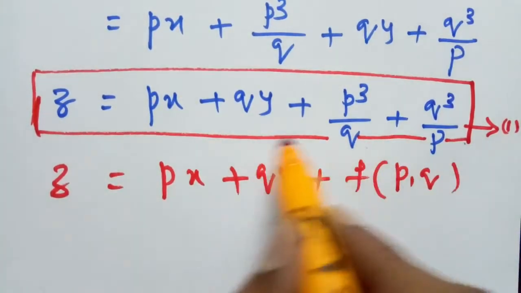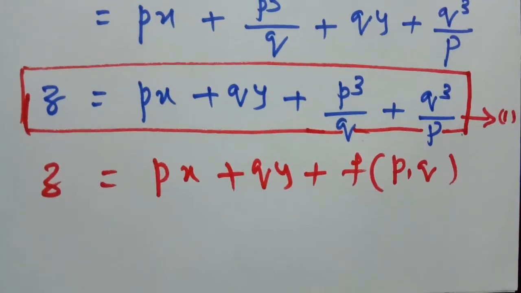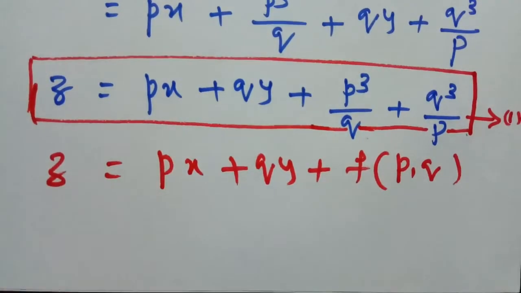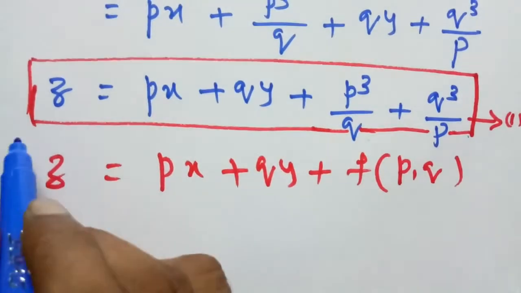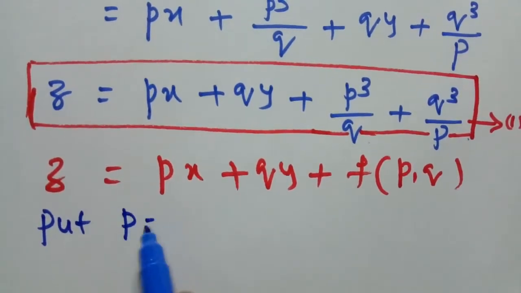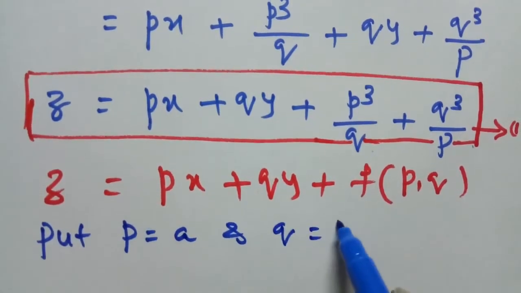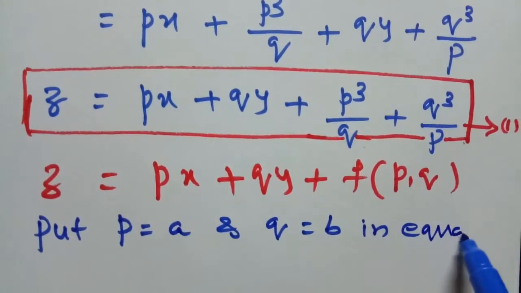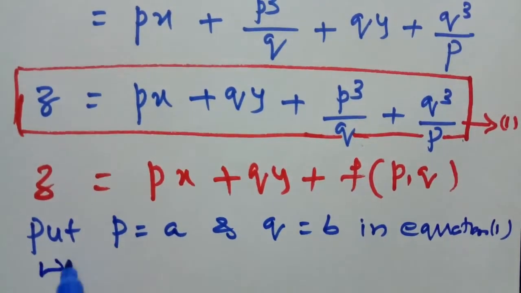To find the solution for this equation, put p equal to a and q equal to b in equation 1.